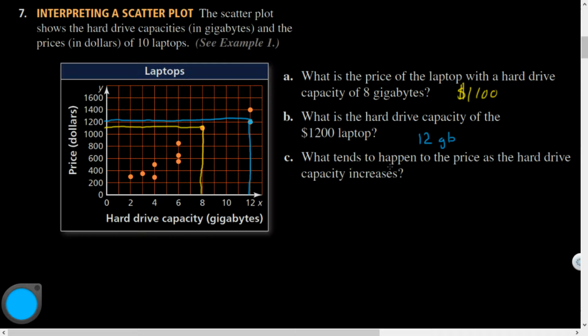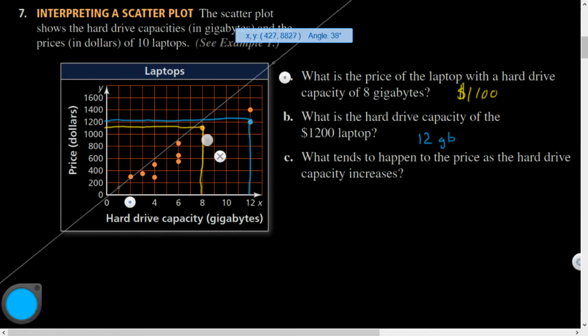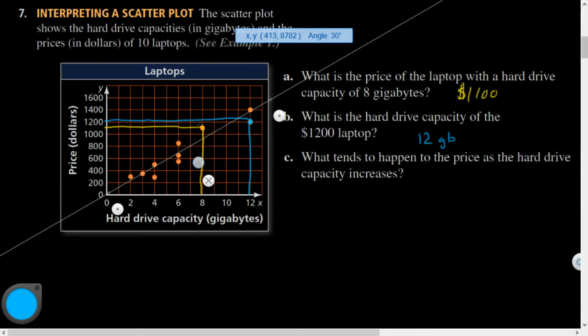All right, here's a question. What tends to happen? Tends, like what's the pattern, what's overall going on to the price as the hard drive capacity increases? So this is where we're starting to try to recognize what's happening in general for all of these points.